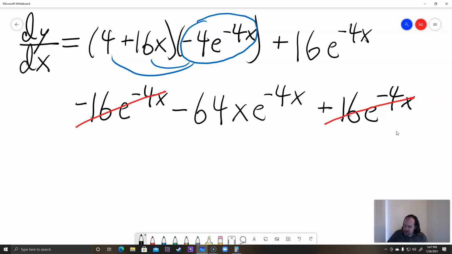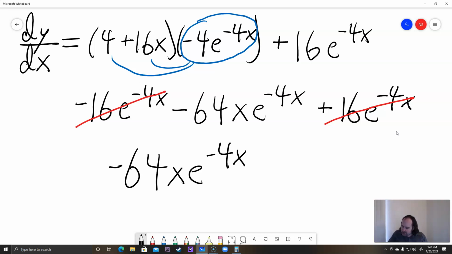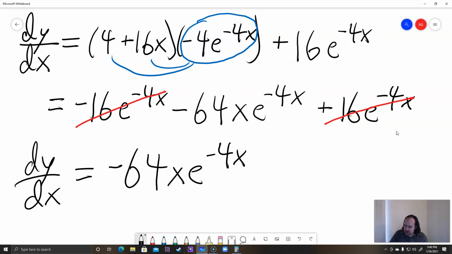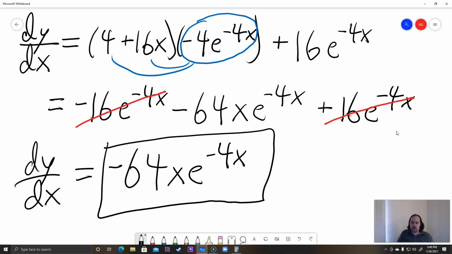All right, so that leaves us with our answer, which is negative 64x e to the negative 4x. So that's our derivative dy/dx. Okay, cool. So that's example number 2. So you should be good there.